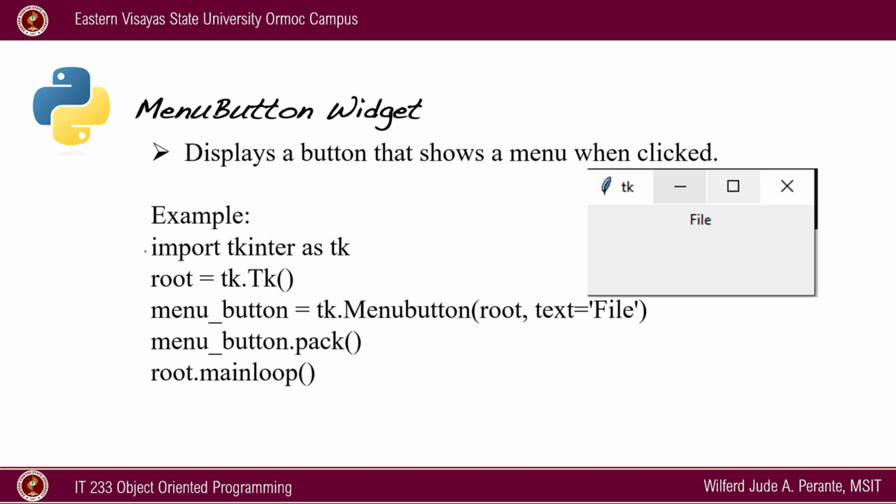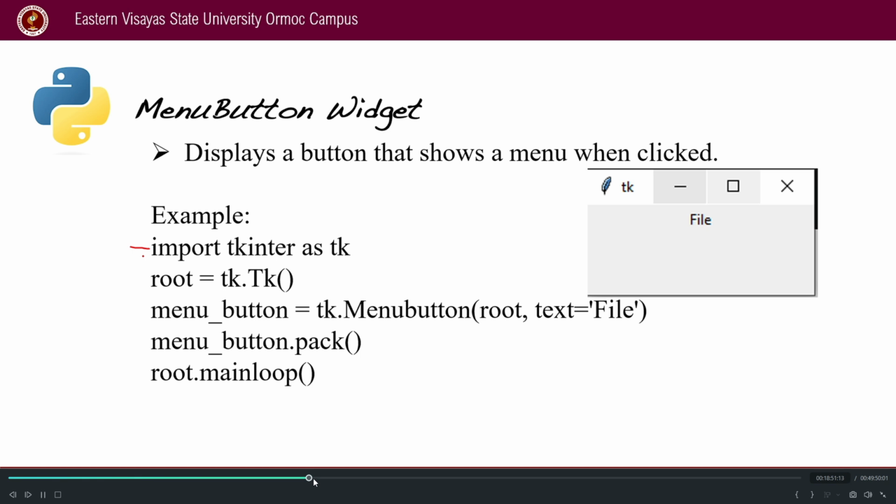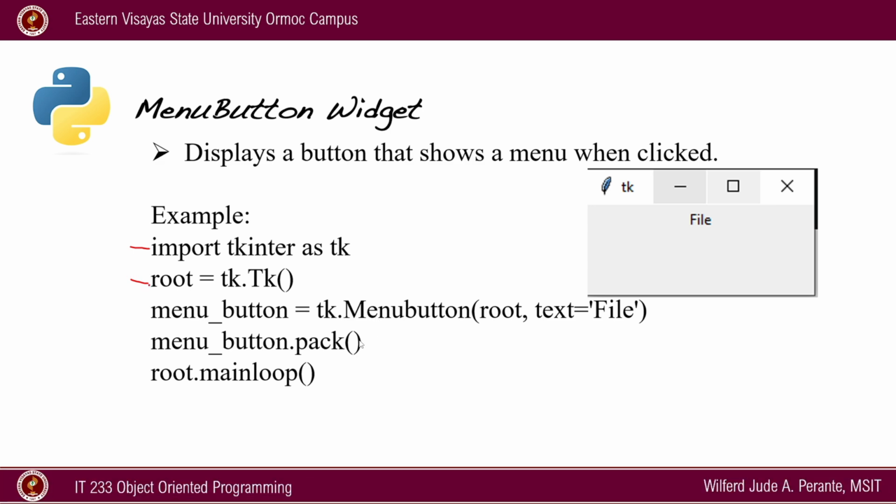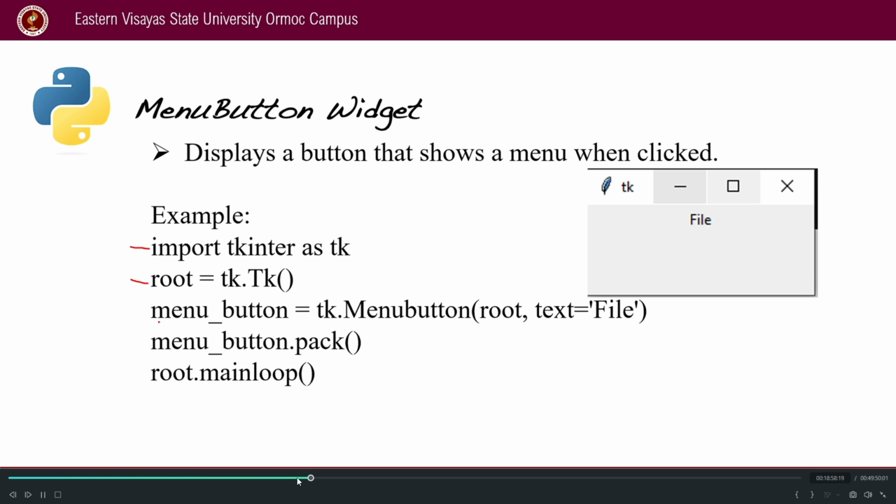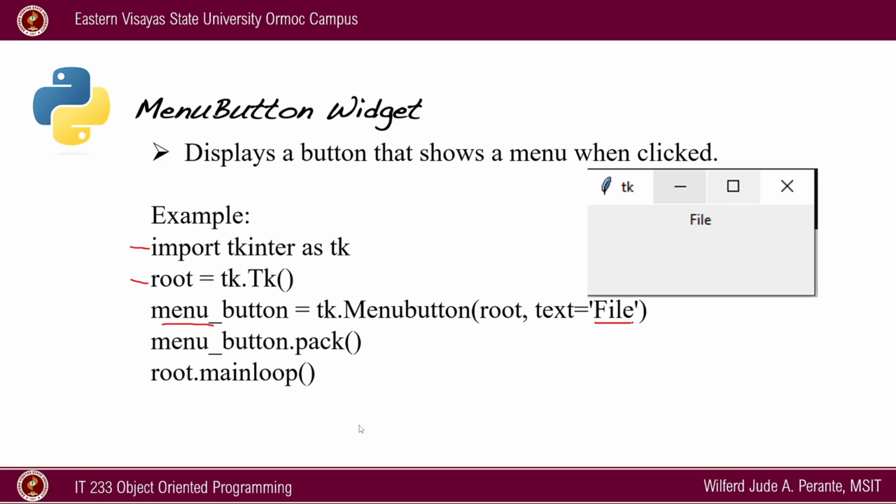Okay, so this is an example code. Our TKinter library and our root TKinter main window, and this creates our menu button widget labeled file. So this button is designed to display a menu when being clicked, though no menu or options are attached in the basic example.